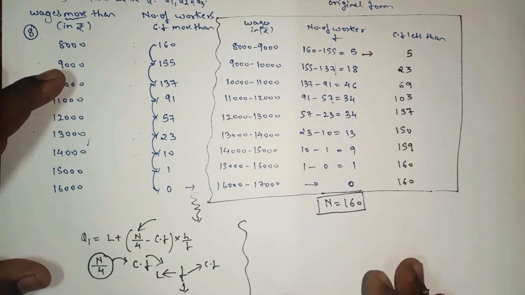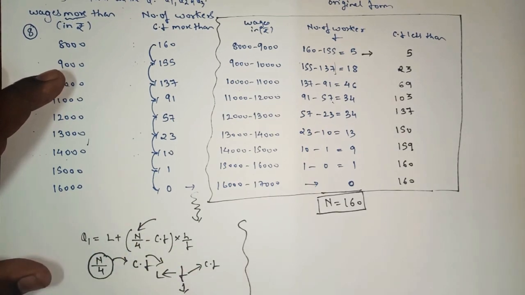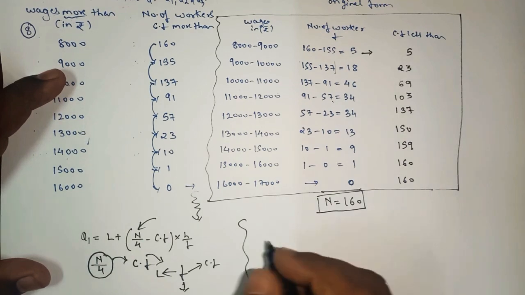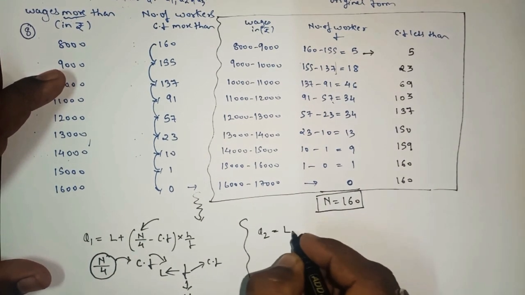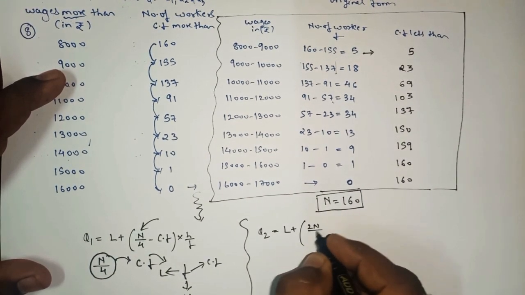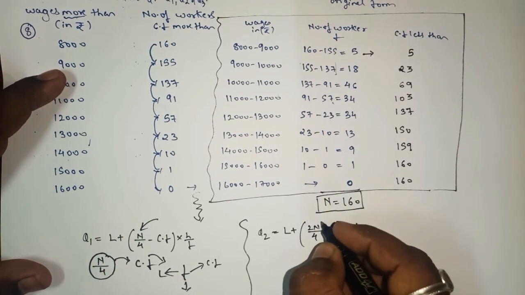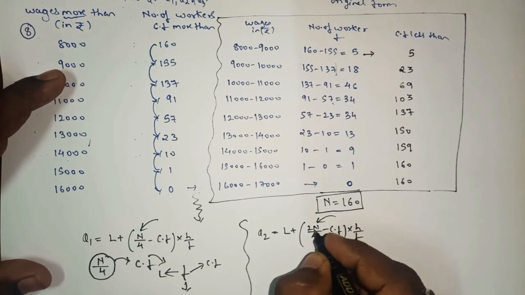I hope you all know how to find the answer, as we did 2-3 sums based on type number 3. If you don't know how to find the values, please go and watch the previous videos and then come back and solve this sum. Q2 formula is L plus 2n upon 4 minus Cf into h upon f. Here also first you will find 2n upon 4.